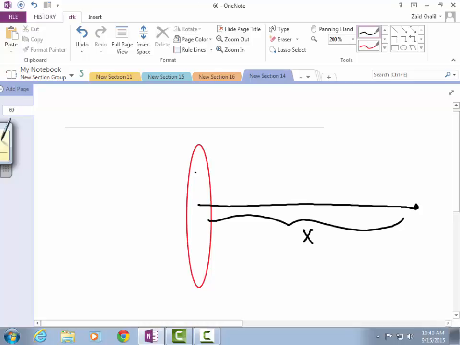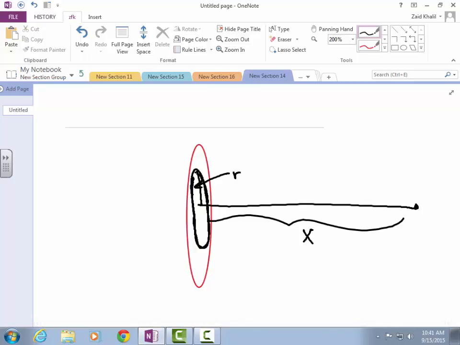And what I'm going to do here, stay focused, guys, stay focused, is this is going to be my r. Okay. What I did was pretty interesting here. I took my disk, which was much larger than this. If I have a piece of paper.